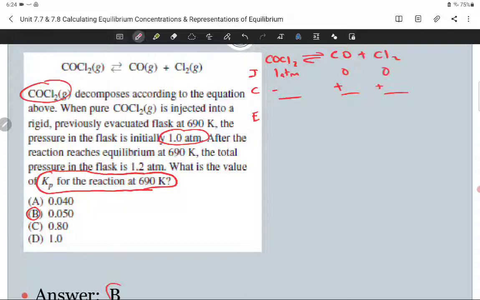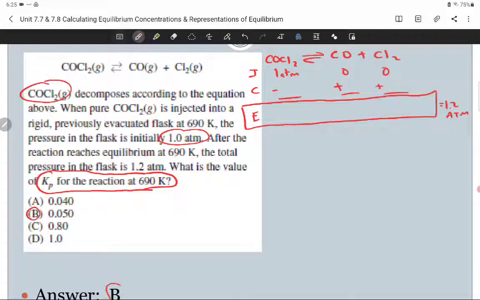Okay. What else do we know? We know at equilibrium, if you add up all those gases, it equals 1.2 atmospheres. I don't have enough room to put that there, so I'll do it that way.